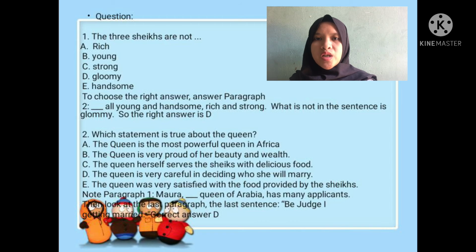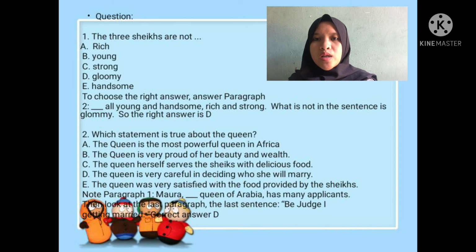And question 2. Which statement is true about the queen? A. The queen is the most powerful queen in Africa. B. The queen is very proud of her beauty and wealth. C. The queen herself serves the sheikh with delicious food. D. The queen is very careful in deciding who she will marry.